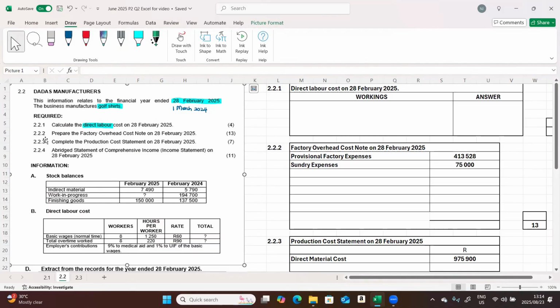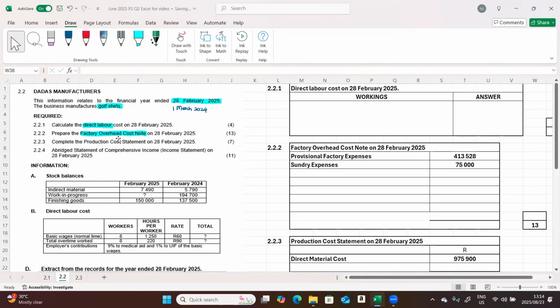Then 2.2.2, prepare the factory overhead cost note on 28 February 2025. So they want the factory overhead cost note. What are our factory overheads? The classification of each cost item is extremely important.